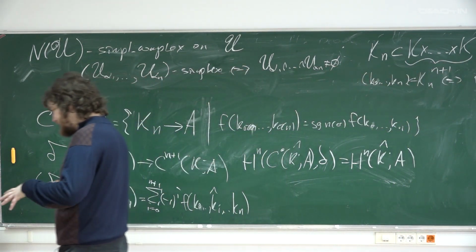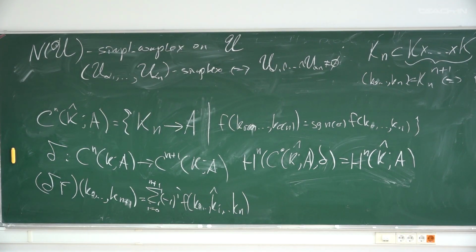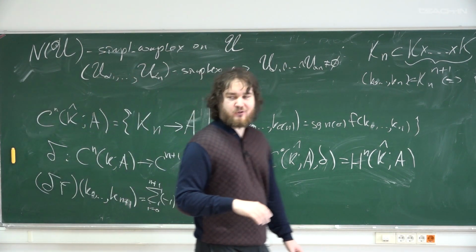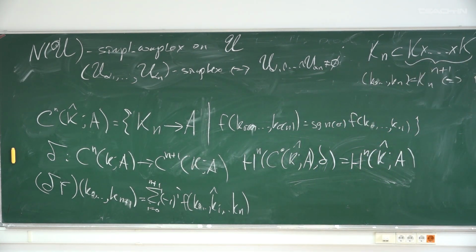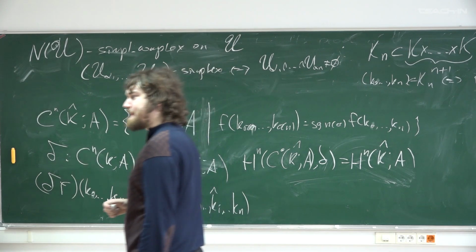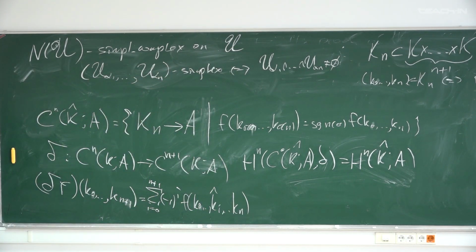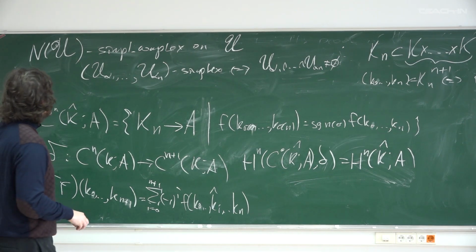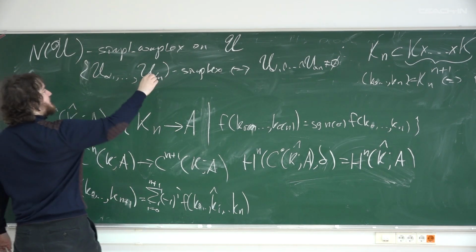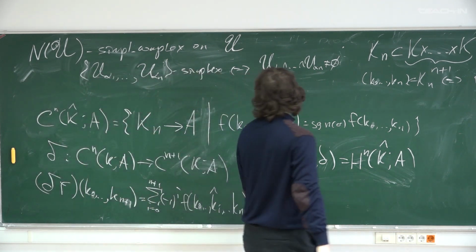It remembers the combinatorics of the intersections of your cover. It's the usual definition. I have a formal problem: a simplicial complex is some subset of 2 to the power of the vertex set, which is unordered, but here you consider ordered tuples. In fact, the simplex property does not depend on order.